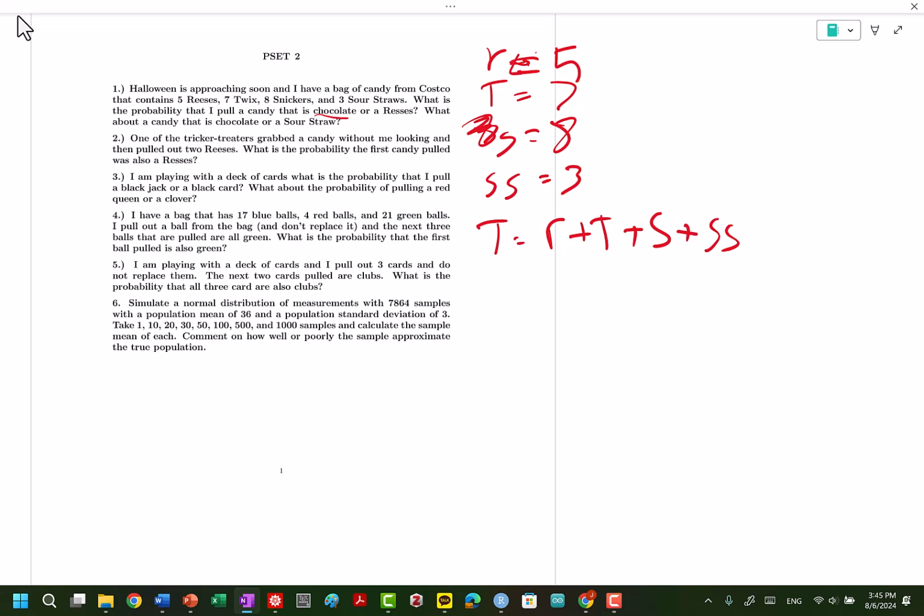So remember, when we're dealing with the ors, when we're looking at probabilities, we need to think about whether these are mutually exclusive or not mutually exclusive events.